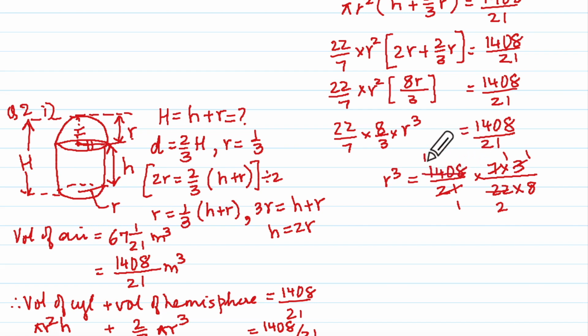So 11 ones 11, remain 3, 11 twos 22, remain 8, and 128, and 8 will go here, 8 ones, r cube equal to 8. So 2 goes 8 times. So r cube is equal to 8, therefore r is equal to 3 centimeter.